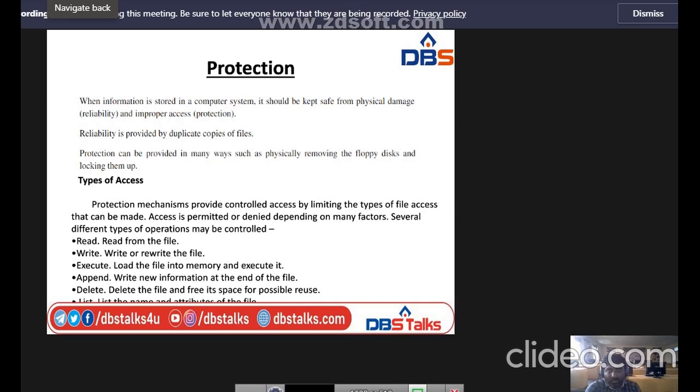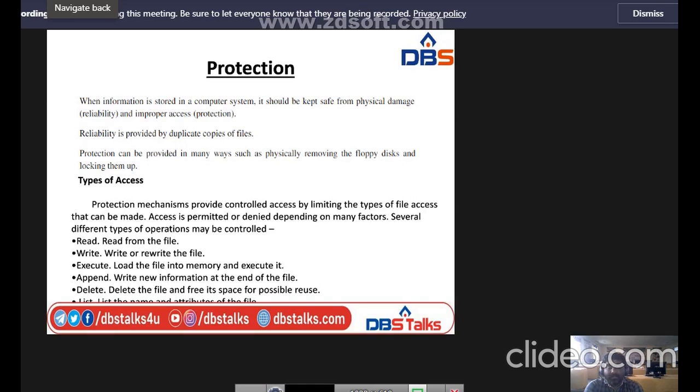The most general scheme to implement identity-dependent access is to associate with each file and directory an access control list, we can say ACL, specifying usernames and the types of access allowed for each user. This approach has the advantage of enabling complex access methodologies. The main problem with the access list is its length.